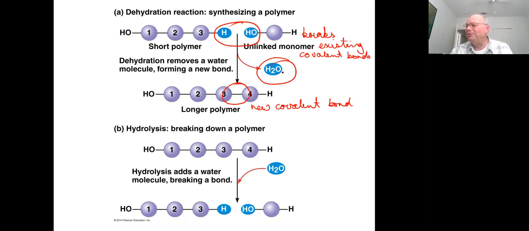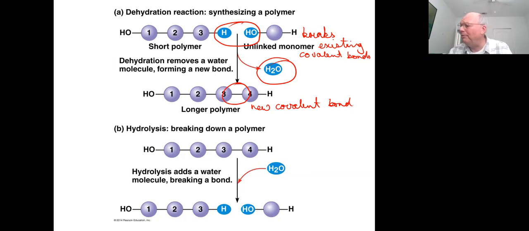That gives you the opportunity to create new covalent bonds. One of the new covalent bonds creates the water molecule. The other new covalent bond attaches the monomer to the polymer, increasing the length of the polymer. So that's the condensation reaction or dehydration reaction. Either name works. The reversal of that is hydrolysis.